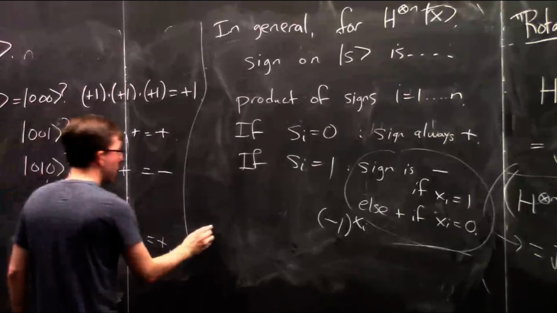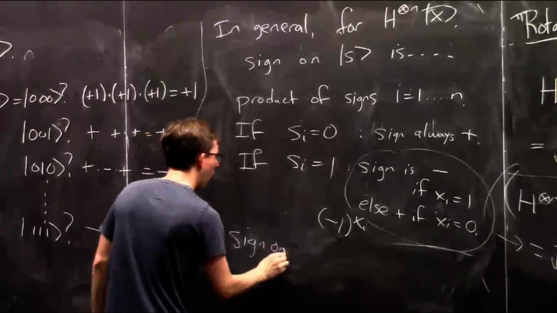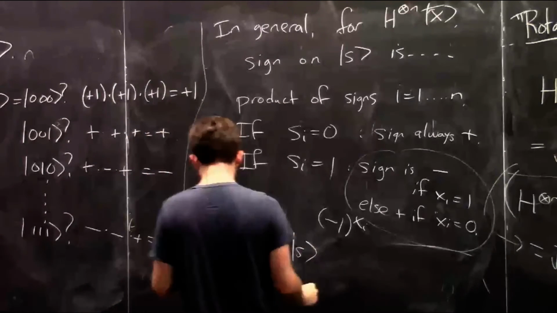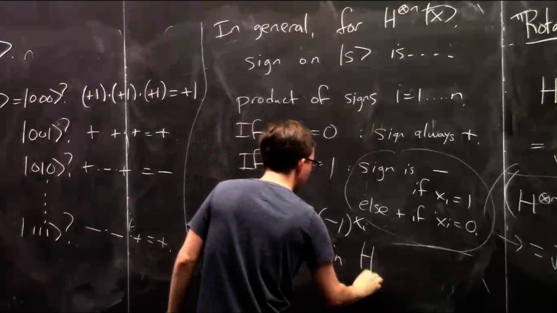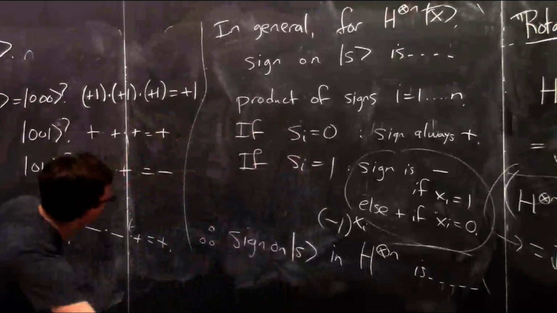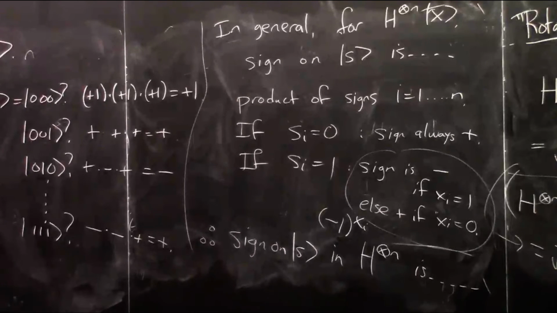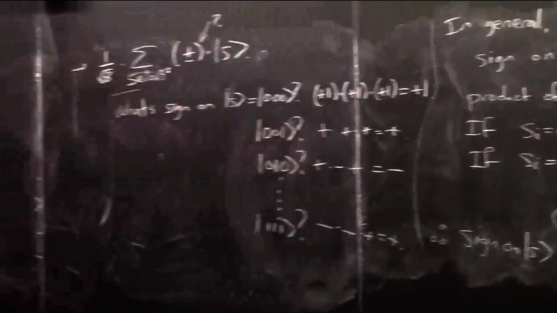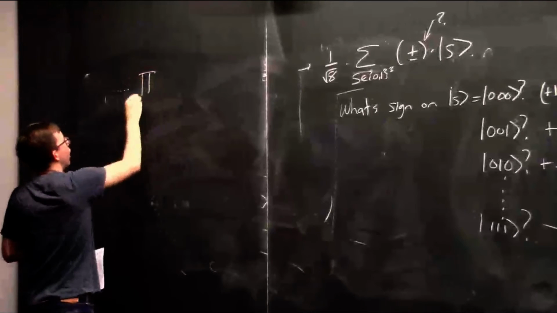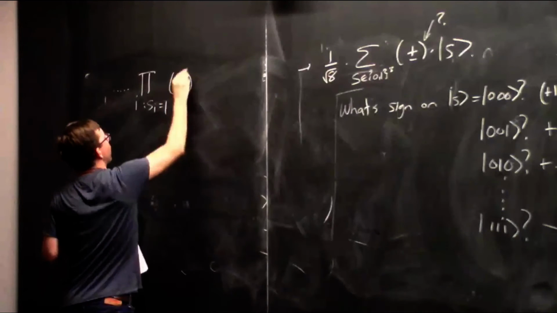Okay, so to summarize, the sign on S in H tensor n is the product over all i such that Si equals 1 of (-1) to the xi.